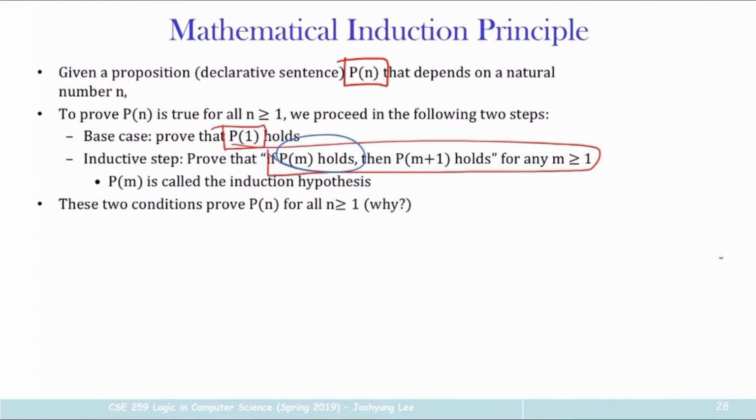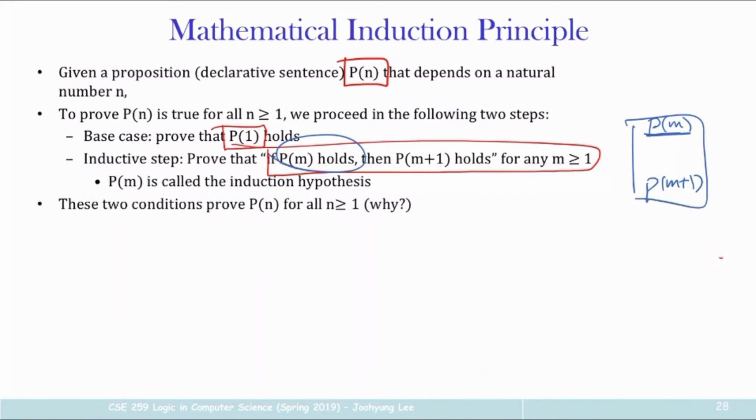When you prove it, P of M is inside the box. So you're assuming P of M and then trying to prove P of M plus 1. This is assumed for the time being, and for this kind of assumption, you cannot question it. This is what the induction principle allows you to do.